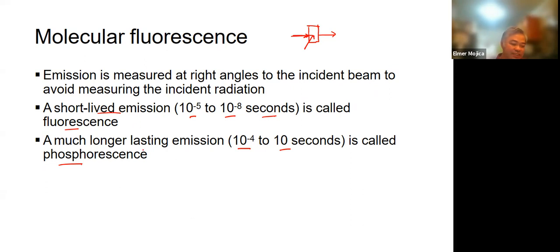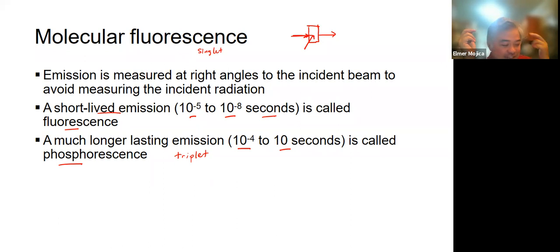And what's the main difference between phosphorescence and fluorescence? Yes? Ano yung main difference ng dalawa? Okay, yung fluorescence, yan yung sa singlet. Yung phosphorescence, yan yung sa triplet. Remember when we discussed the type of luminescence?